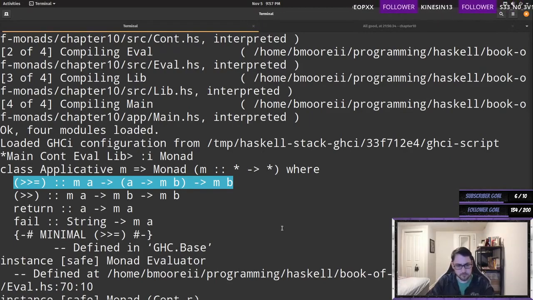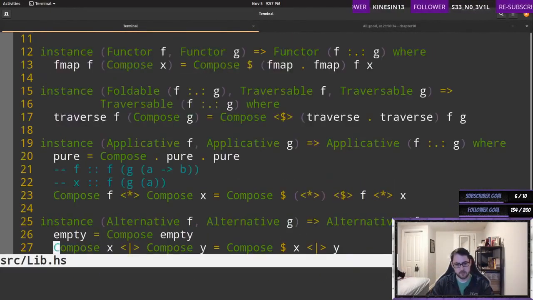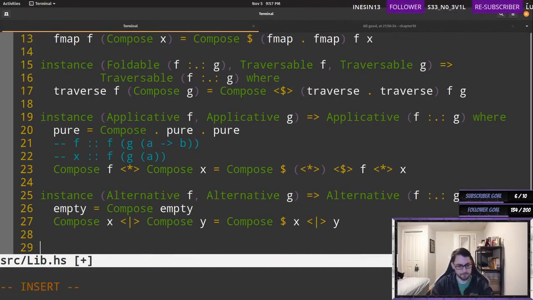Excuse me. So let's go back in here and just say you basically need the following function.